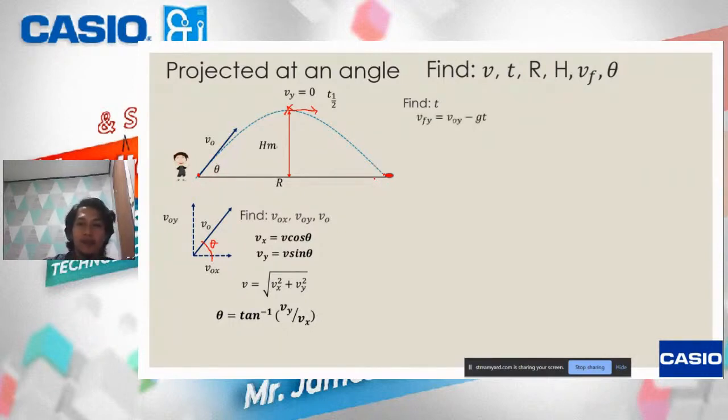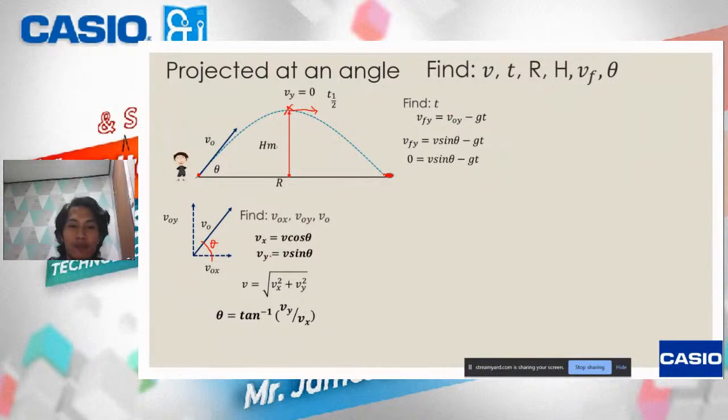Since our final velocity here is 0, and our v naught along y is v sine theta, do you follow? So, vfy, this one, is our final velocity, and our v sine theta is vy.